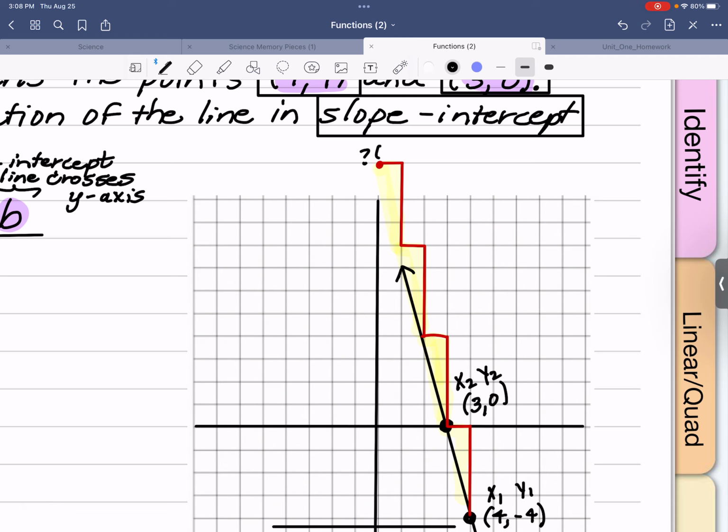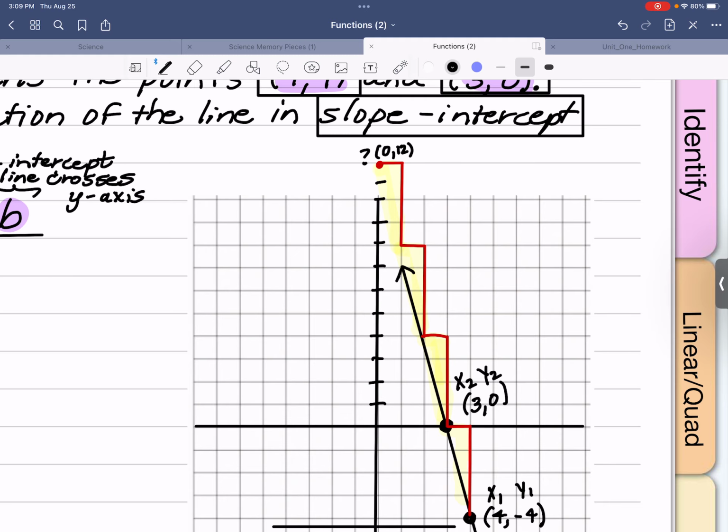What is this point that I just drew? Well, it's over 0. It's lying on the y-axis. And it is 1, 2, 3, 4, 5, 6, 7, 8, 9, 10, 11, 12. So it's crossing the y-axis, I believe, at 12.